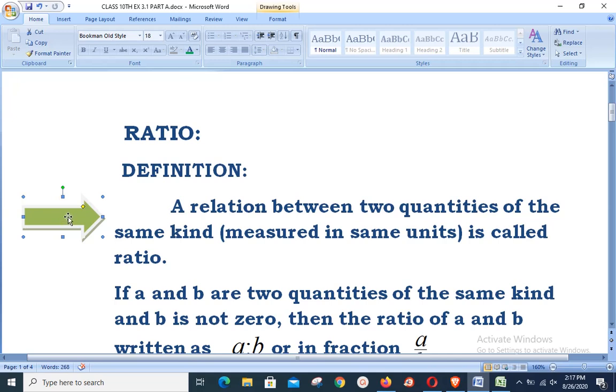Here, one very interesting example we can have: two friends named Mr. Inam and Mr. Ikram are going to have a short competition of eating apples. So who can eat more apples? This is the topic ratio.